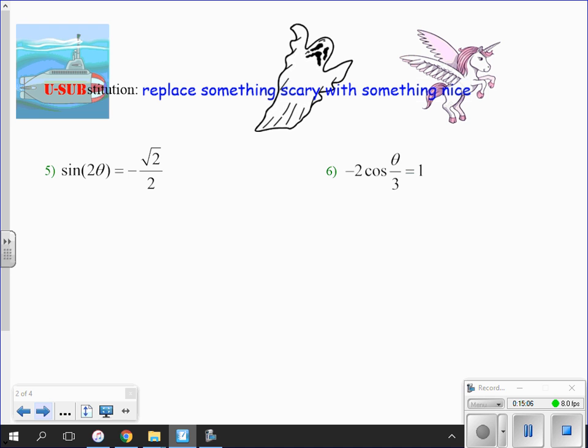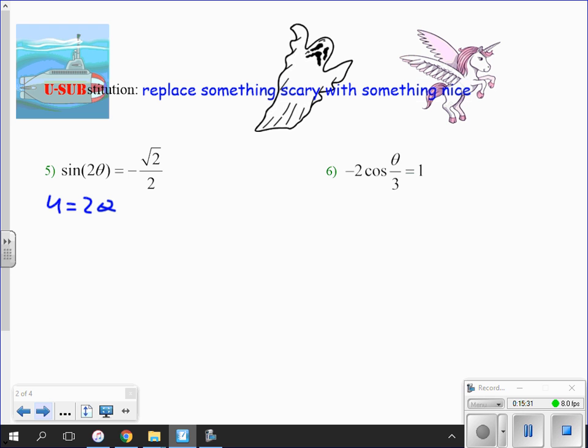Okay, so let's take a look at this one here. The idea of a U-sub here would be to replace something difficult with something easy. They're not that big a deal on this one, but the idea would say, okay, instead of 2 theta, let U equal 2 theta.